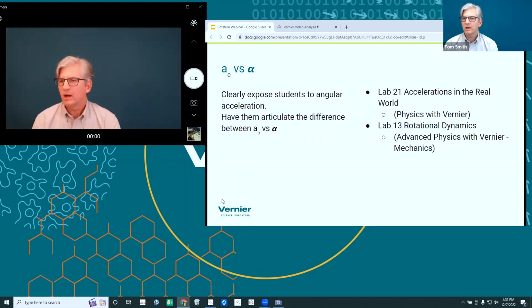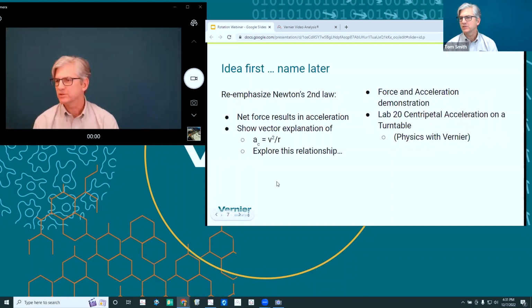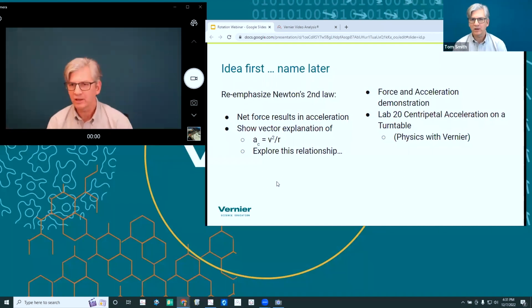Okay, so let me go back just a second to recap here. We've addressed some misconceptions associated with centripetal acceleration, and really focused on uniform rotational motion at a constant angular velocity.